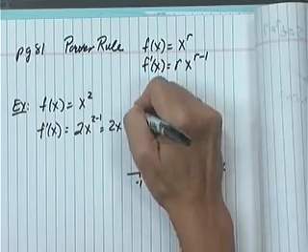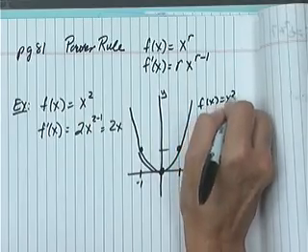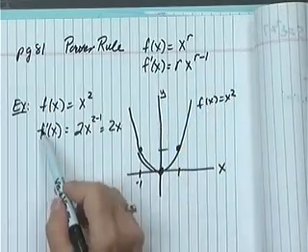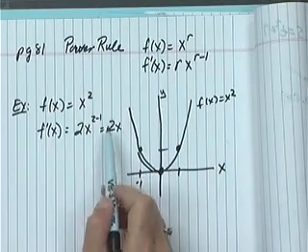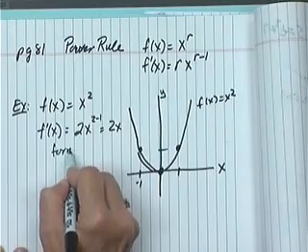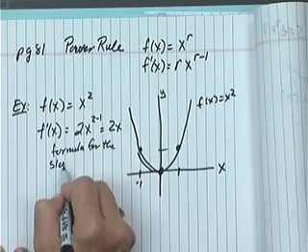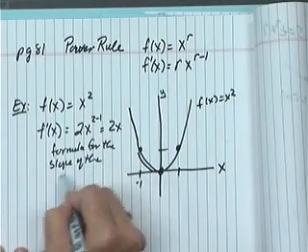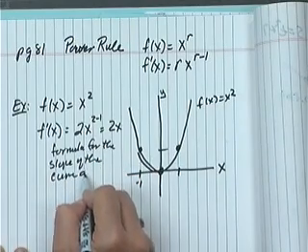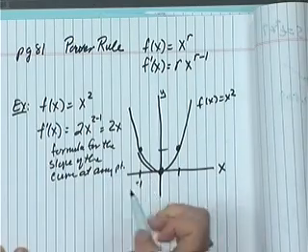All right, so we have f of x equals x squared. Now, when I found the derivative, I have found a formula for the slope of the curve at any point on the curve.